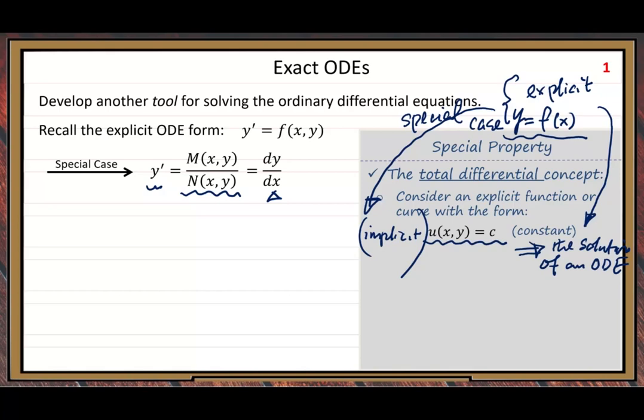That's the reason why we consider this implicit function form as the target solution of our ODEs. So with this background, now you understand why we go this way. With this background, now let's continue.